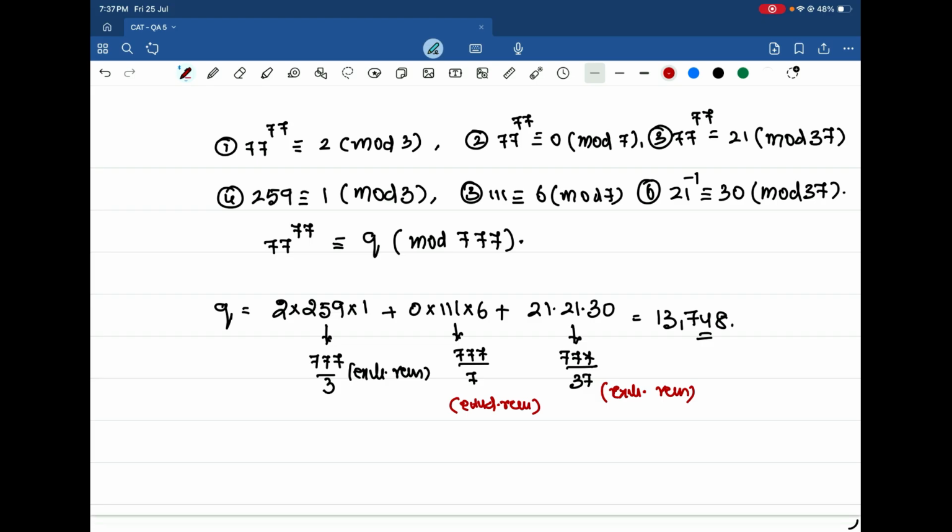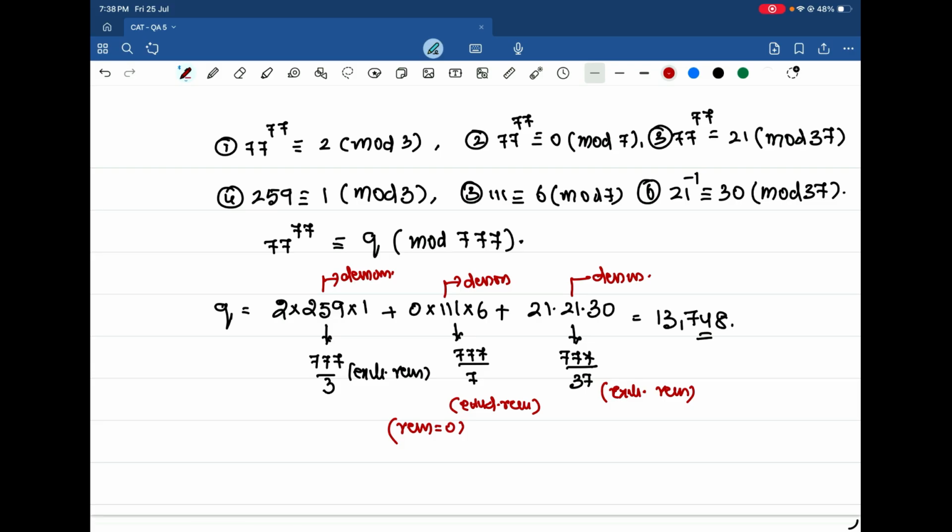Why is there an exclusion of remainder? These are all factors. When factors are there, remainder is 0. These values are pertaining to the denominator.